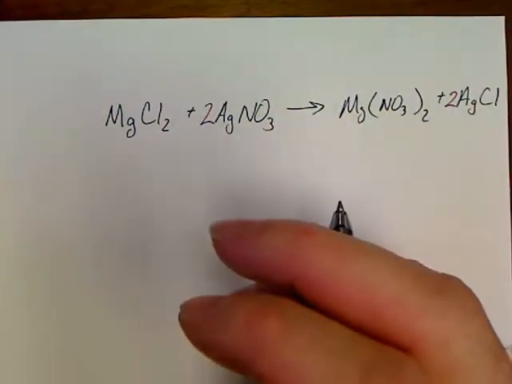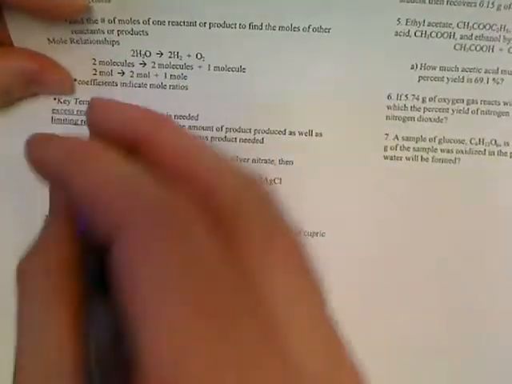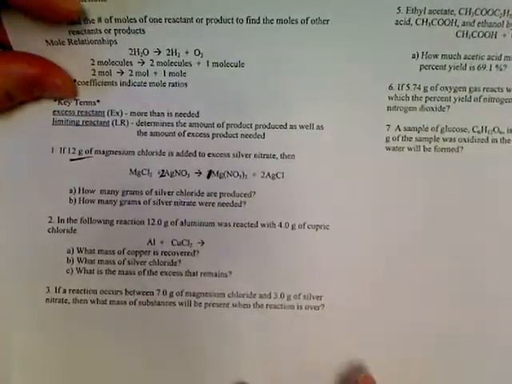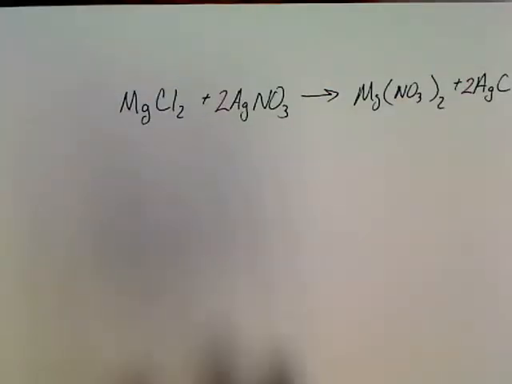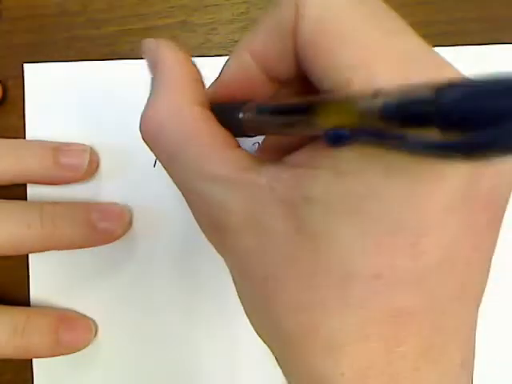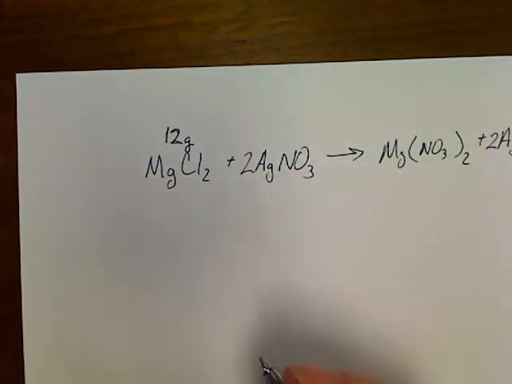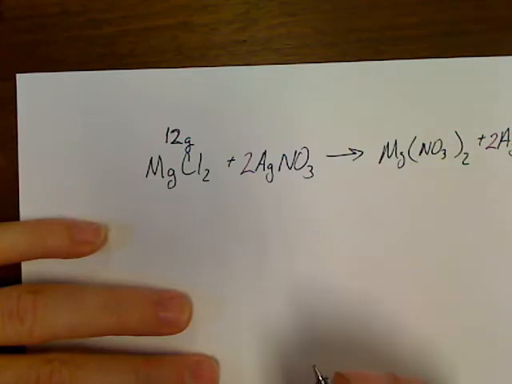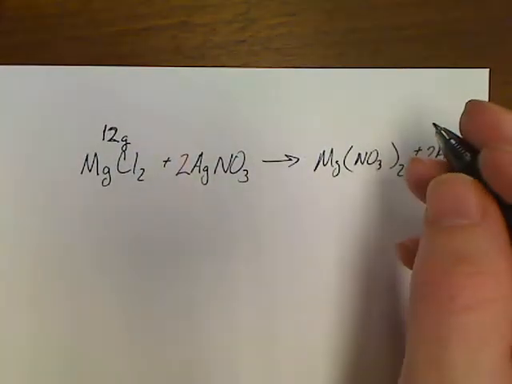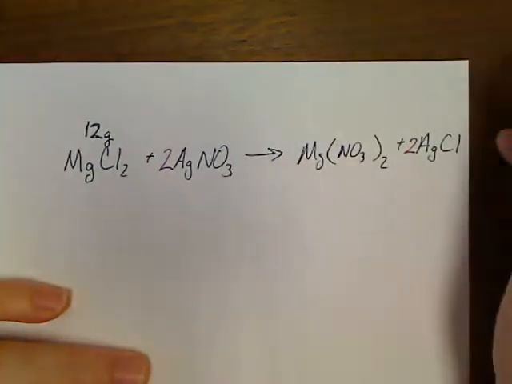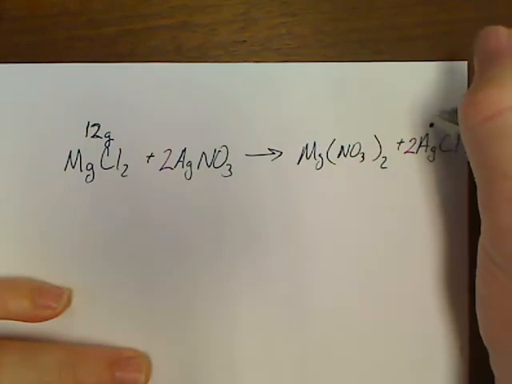So this problem, question A, says that I've got 12 grams of magnesium. So I'm going to write that down. I've got 12 grams of magnesium. The first question says, how many grams of silver chloride are made?